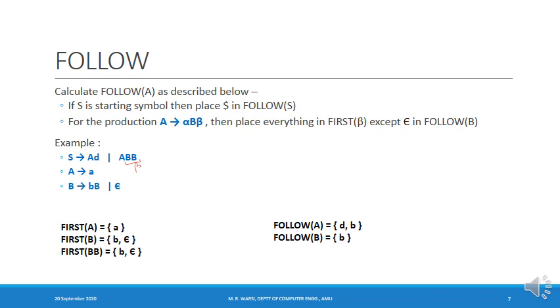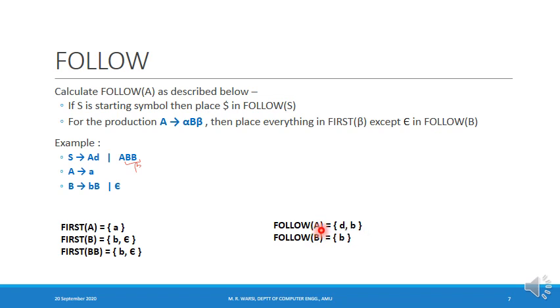Now symbols which are there in the first of beta except epsilon will be added to the follow of capital A. First of BB is containing B and epsilon, so except epsilon, B will be added to the follow of capital A. So B also has been added to the follow of capital A.